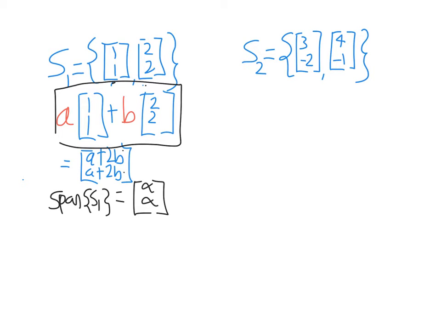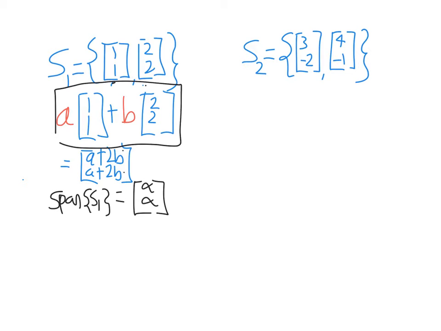So it turns out that the span of these two vectors is one-dimensional. If you were to graph all of the vectors that are in the span of S1, it would be a line, the line y equals x, where the y and x coordinates are equal.